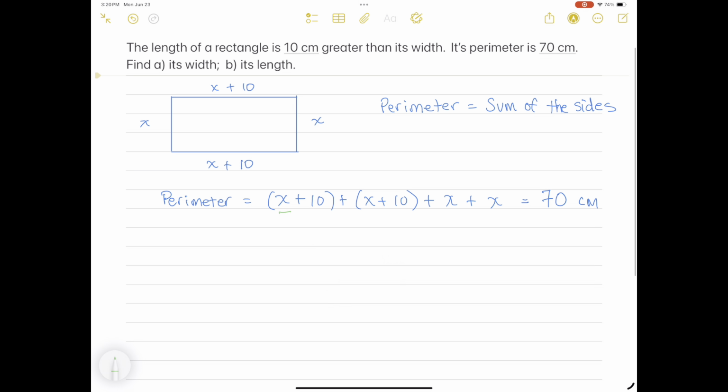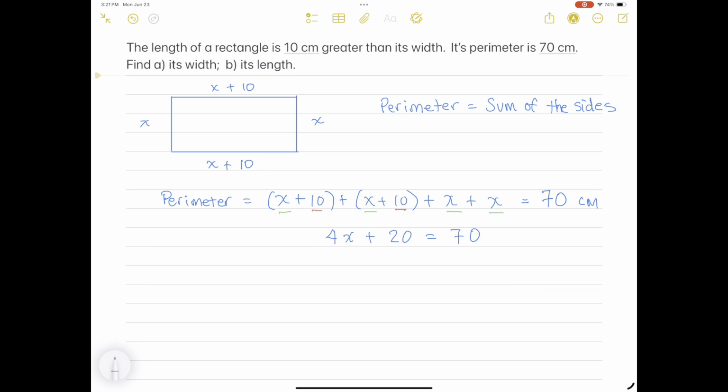Now I just need to do the algebra, gathering like terms. So x plus x plus x plus x would equal 4x plus 10 plus 10, which is 20. So I have 4x plus 20 equals 70.